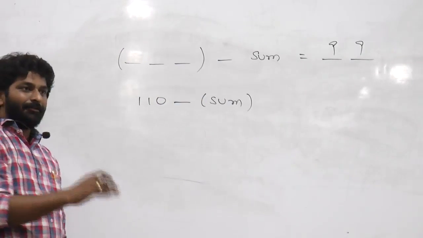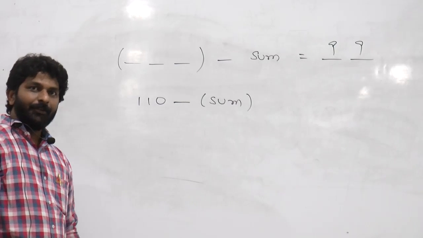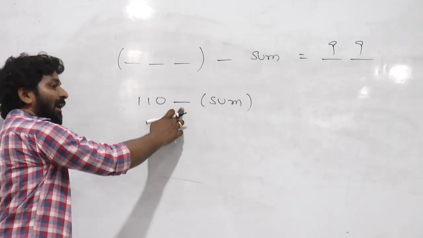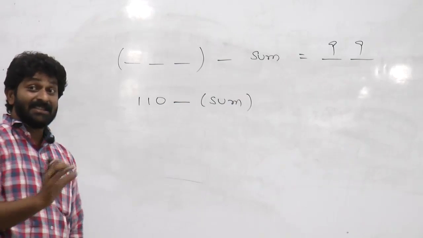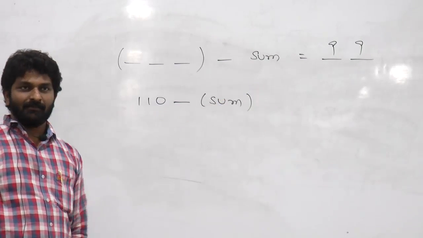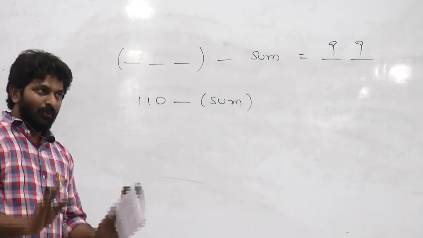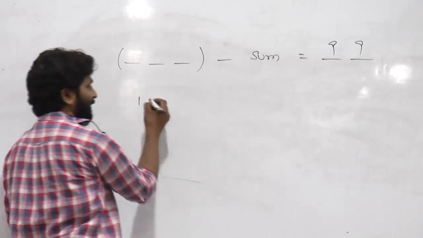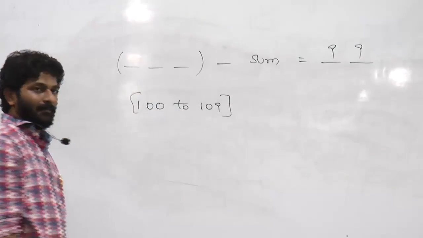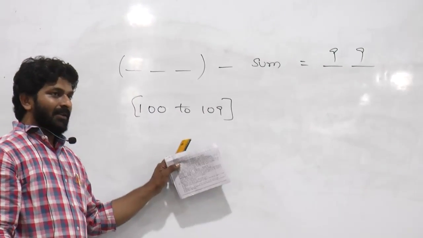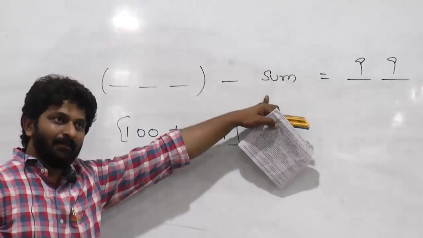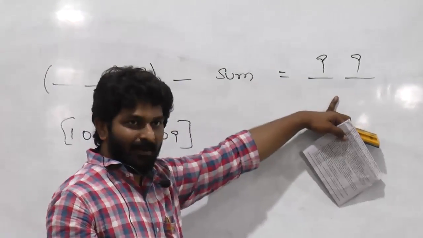From 110 onwards, if you take any 3-digit number and subtract its sum of digits, you will never get a 2-digit number. So the only possible conditions are 100 to 109. From this, you may take any number and subtract its digit sum, you will get a 2-digit number.